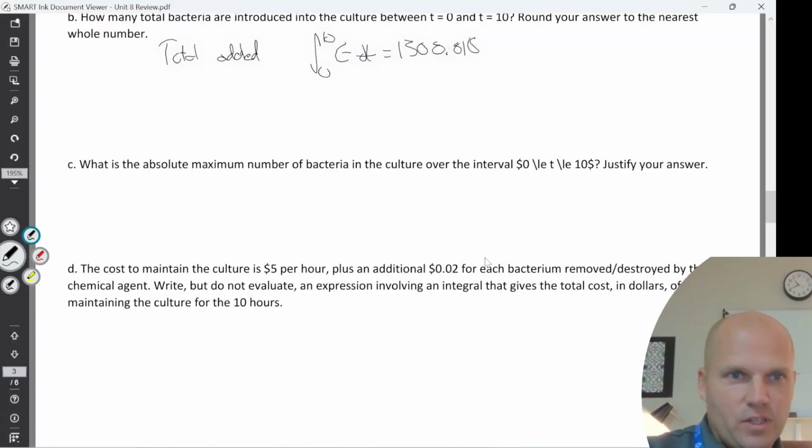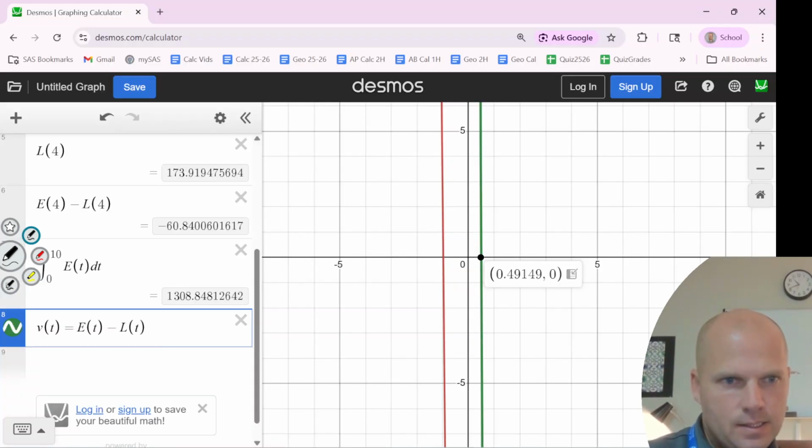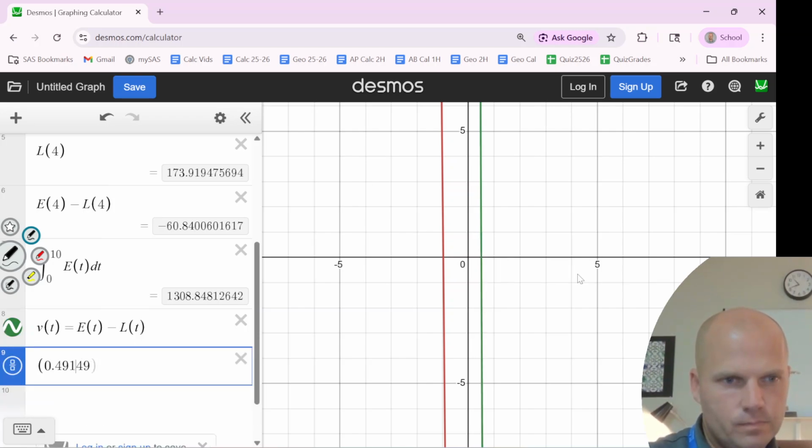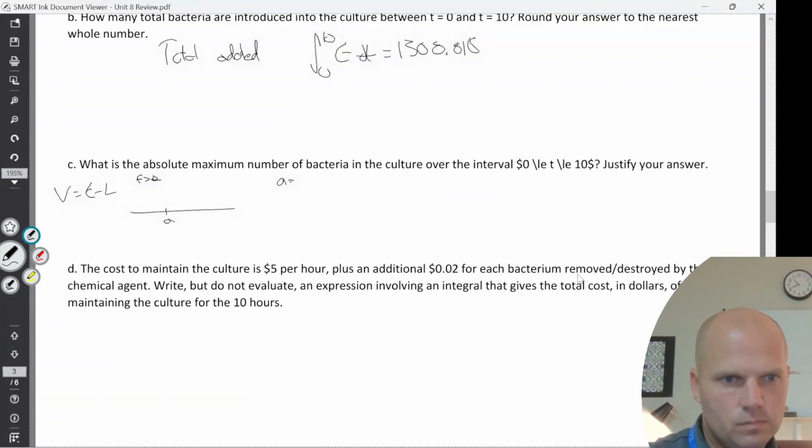Okay, so I can see that my velocity, which is E minus L, or you can look at E being bigger than L, occurs from 0 to A. A is 0.49149. Cool. So that means my velocity is positive, then negative.